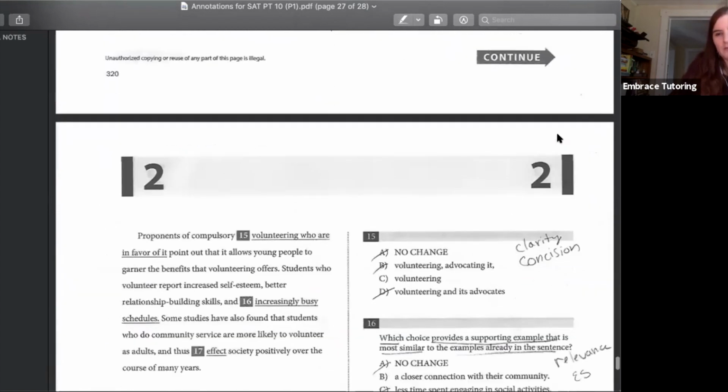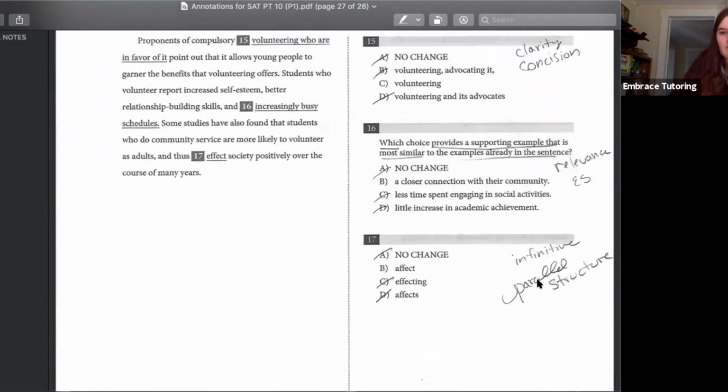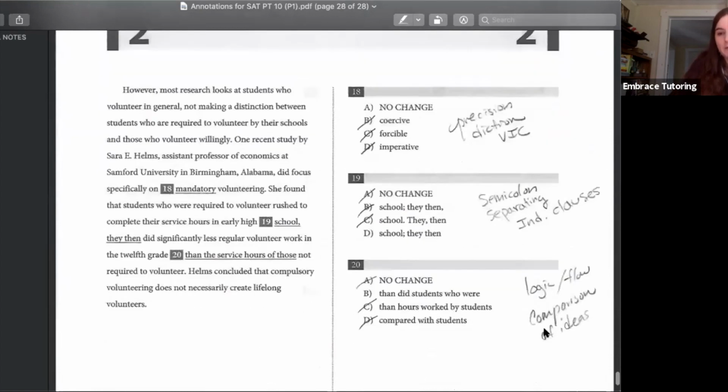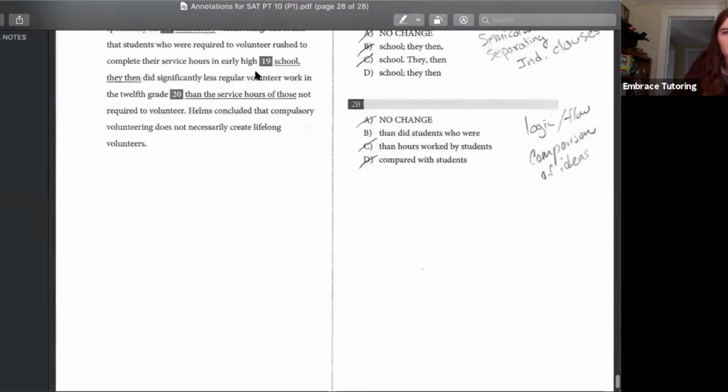Plural noun, plural possessive noun, clarity, relevance, infinitive. So dealing with an infinitive in terms of a verb. Parallel structure, again, is a popular one, at least on this test. Diction, precision of language, vocabulary and context, semicolon usage, separating independent clauses, logic flow, comparison of ideas, all of that. I do have other sections of this.